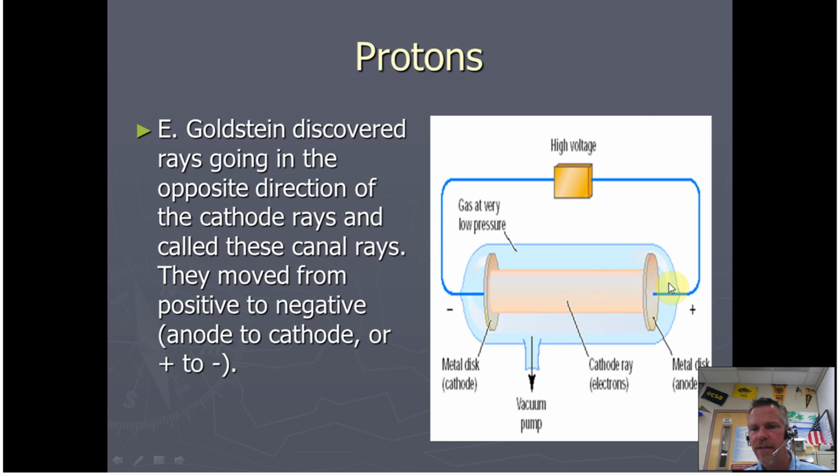He called these oppositely moving particles canal rays, and I have no idea where canal comes from, whatever. These move from the positive toward the negative, the opposite of what the electrons were doing. He decided to call them protons, or this is in fact what the proton is, and so Goldstein is credited with discovering the existence of protons.